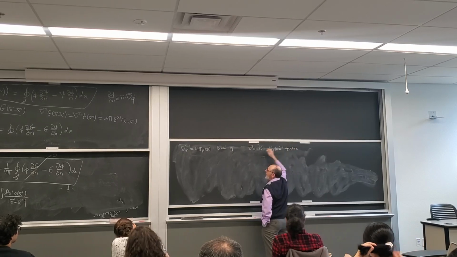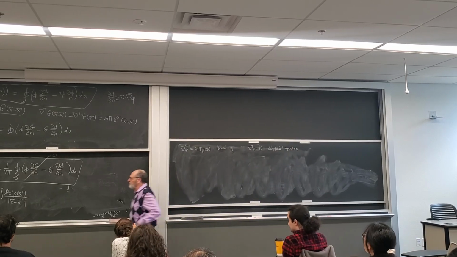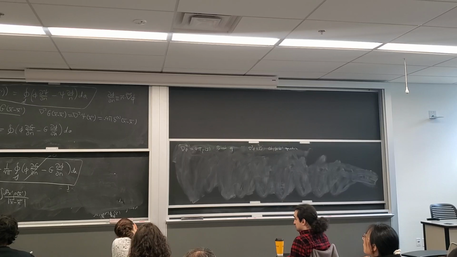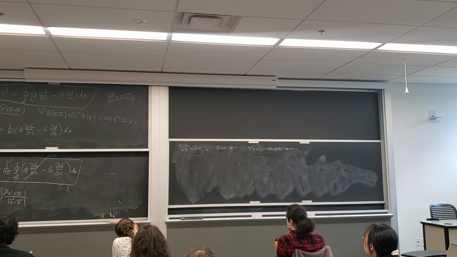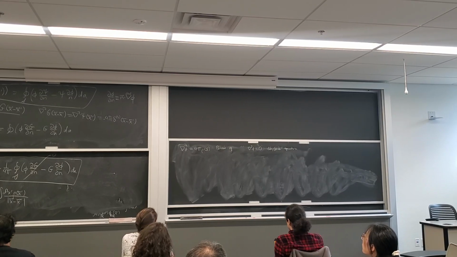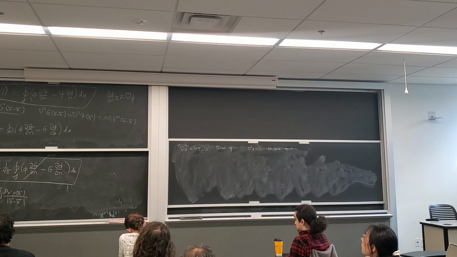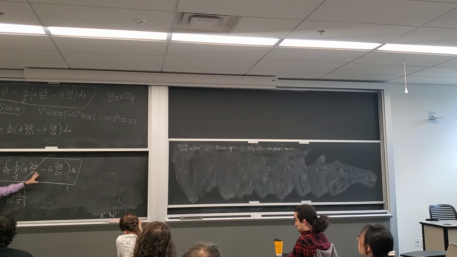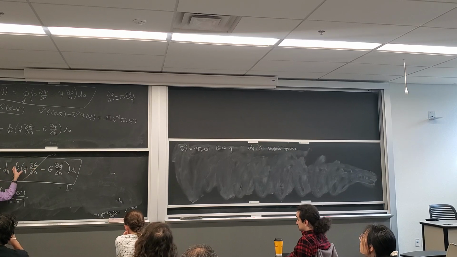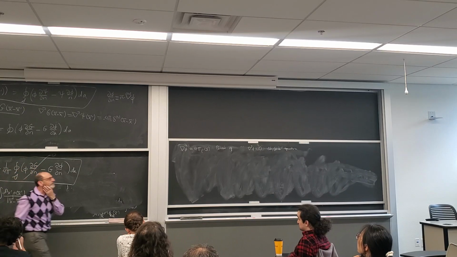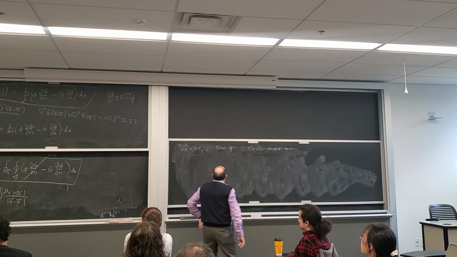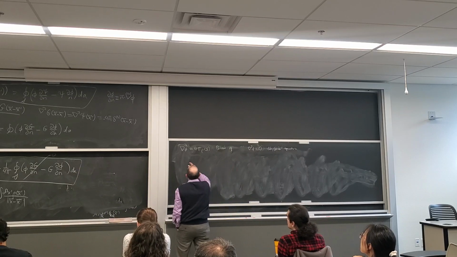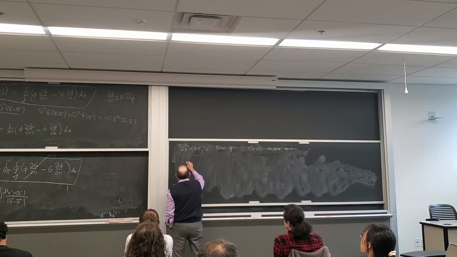This is not the case when rho is 0 everywhere: if rho is 0 in the volume, it doesn't mean it's 0 everywhere, it just means inside the volume. Then the solution to Laplace's equation is just given by this piece. Okay? So this solution is unique.